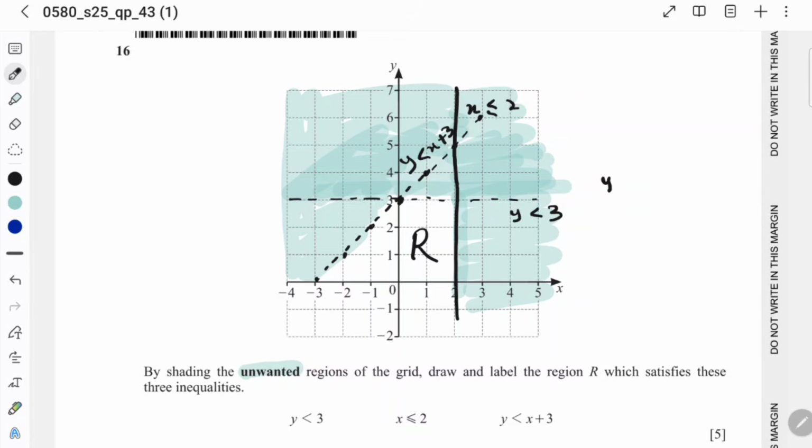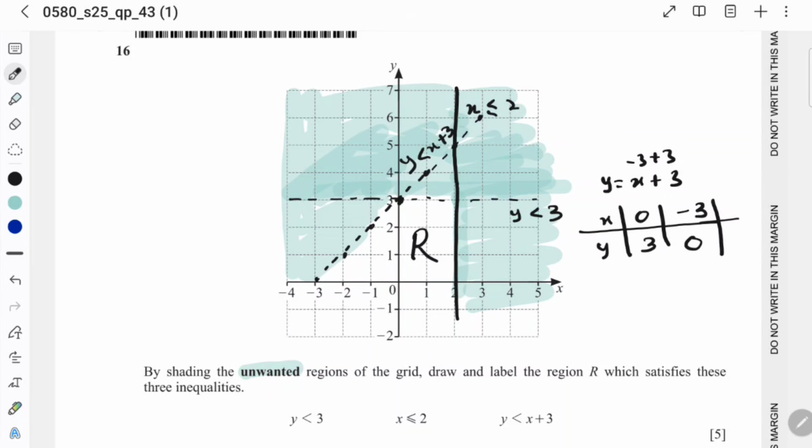If you don't understand how I drew y equals x plus 3, you just have to take random values like 0, 1, 2, 3, minus 3, whatever you want. I'm taking 0 and minus 3. 0 plus 3, y is 3. Now minus 3 plus 3 is 0.